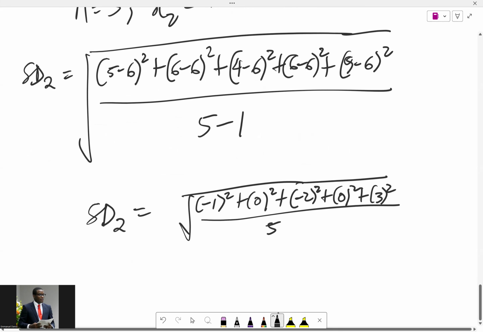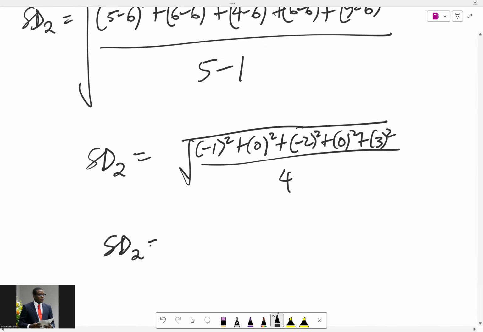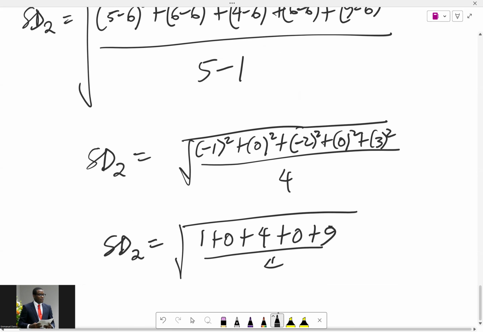This is divided by 4. Then SD2, the standard deviation 2, is the square root of minus 1 squared, which is minus 1 times minus 1.